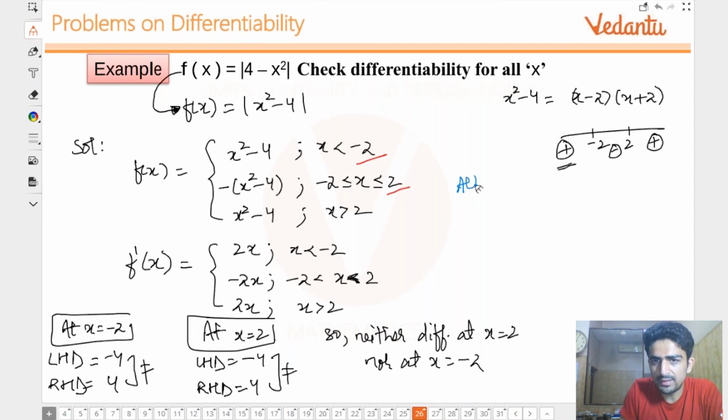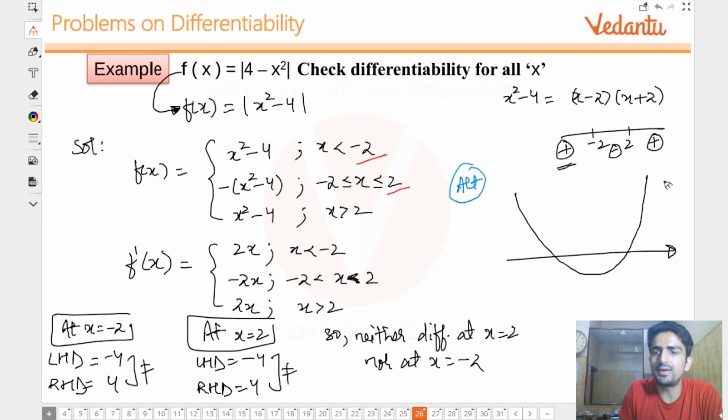Guys, one alternate method which I should suggest, if you are good at graphs, is this. That is how a graph of x square minus 4 looks like. And if you want to plot its mod, this part will look like this now.